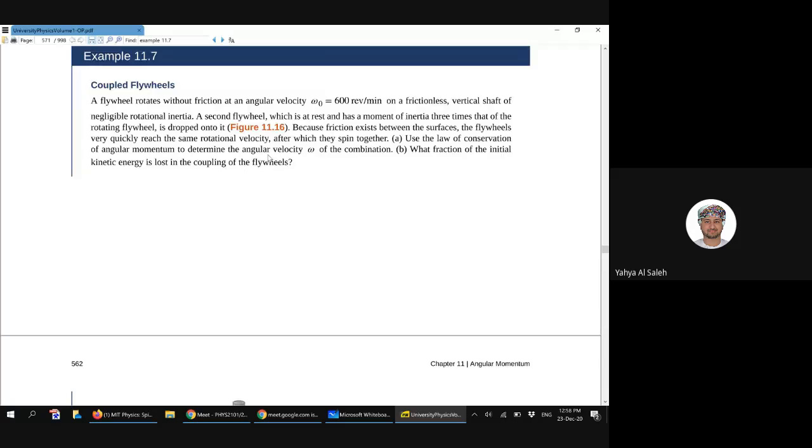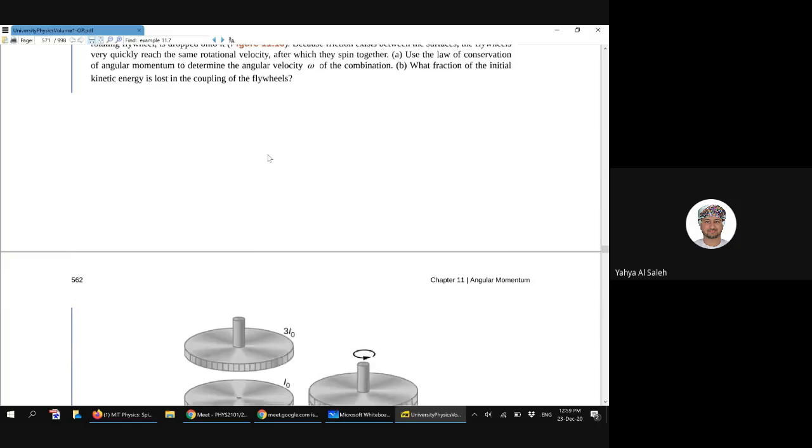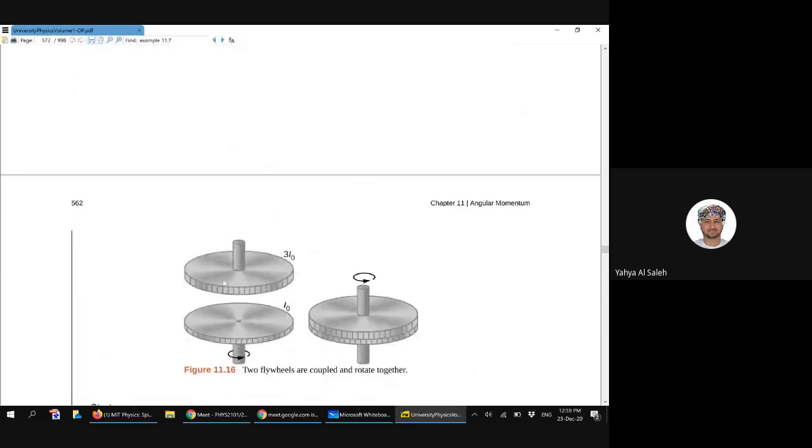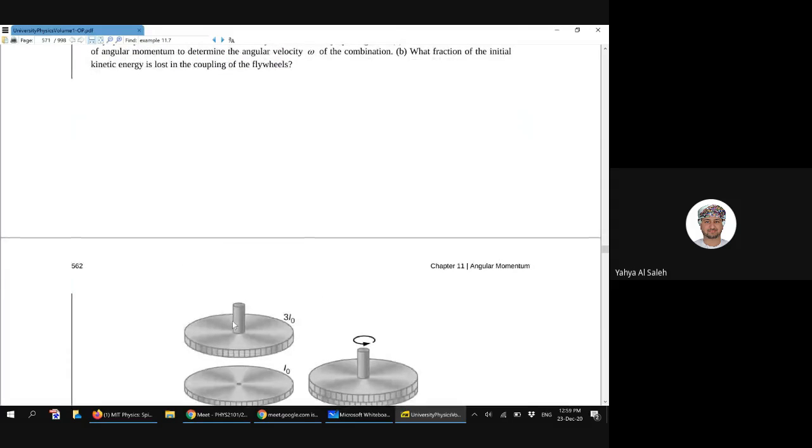A second flywheel, which is at rest and has a moment of inertia 3 times that of the rotating flywheel, is dropped onto it. So this one has I naught, this one has 3 I naught. This one has an omega naught of 600 revolutions per minute, and the top one is not rotating.